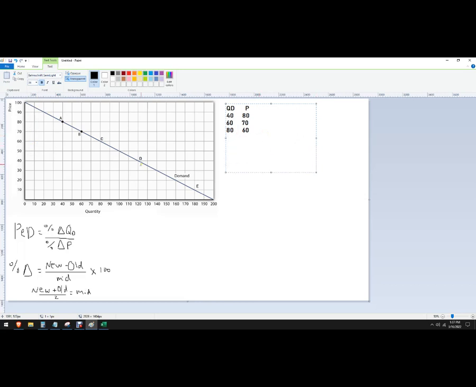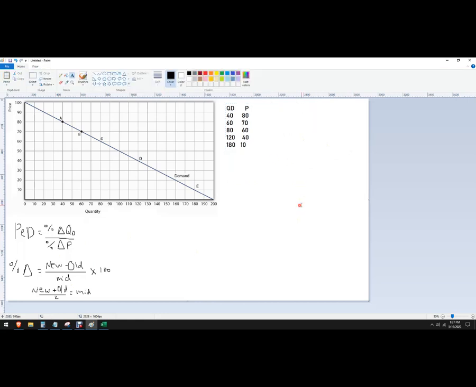And then now we're going down to point D. Point D is 120, and the price is 40. And then quantity demand is 180 for point E, and the price would be 10. Okay, so now I've got all my numbers there that I can use to calculate.